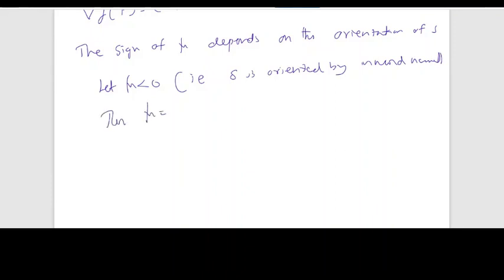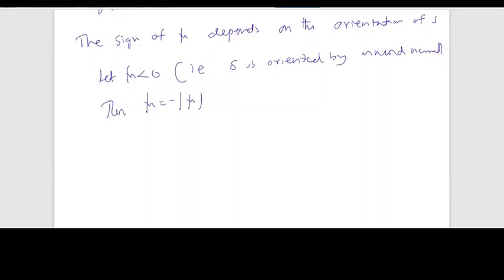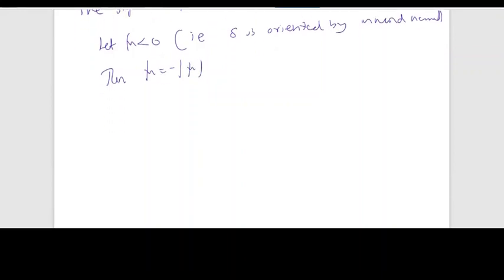Then mu equals minus mod mu. So mu N of p is equal to minus del g of p, which is equal to minus 2 into norm p.